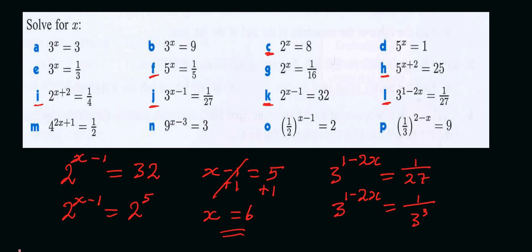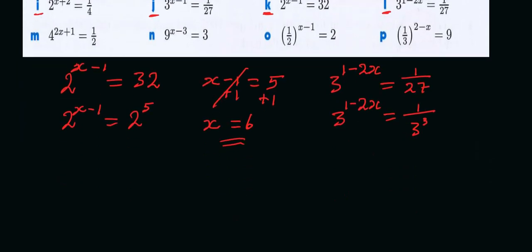So when we do that, this will become 3 exponent 1 minus 2x equal to 3 exponent -3. So now we have the base to be 3 on both sides.